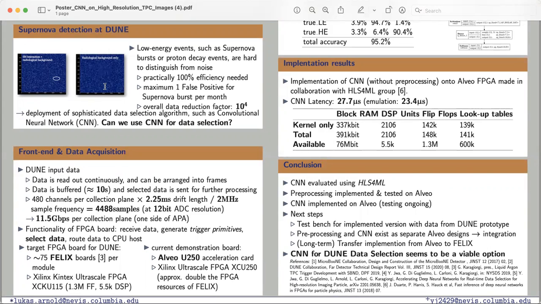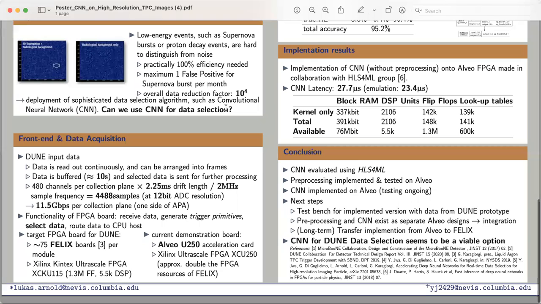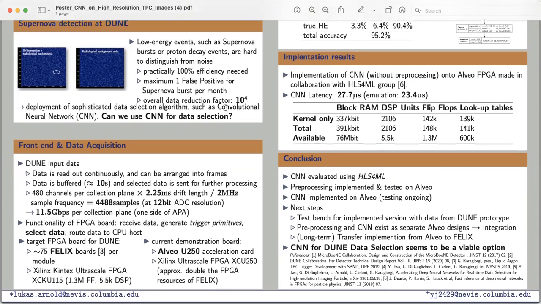Because such a large amount of data is produced and would have to be read out, we can only go for a maximum of 1 false positive event per month in the case of the supernova burst. So the question we have asked ourselves is, can we use a CNN as a data selection algorithm? Let's answer this question.